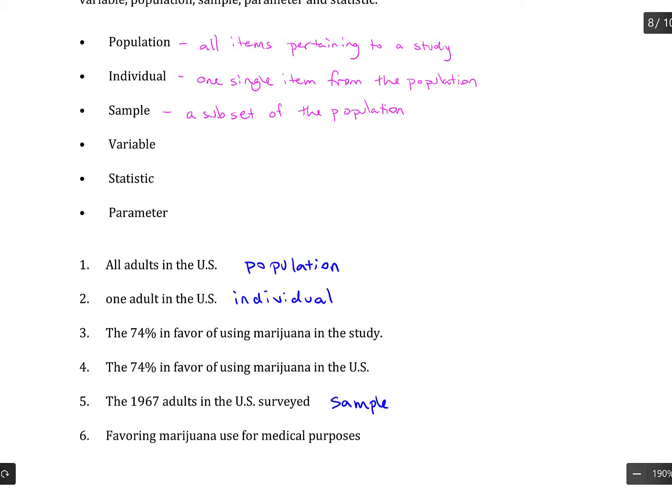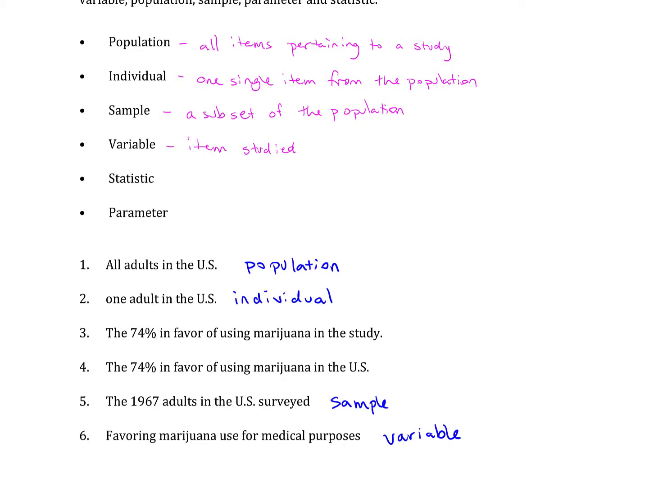Now, the variable is the item studied. So in this case, what we're studying is whether someone favors medical marijuana use or not. That sounds most like 6. So that is the variable being studied. Then it comes down to a statistic versus a parameter.